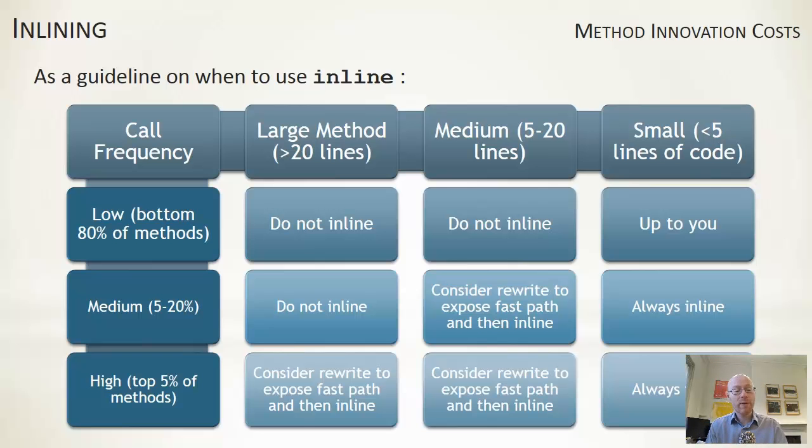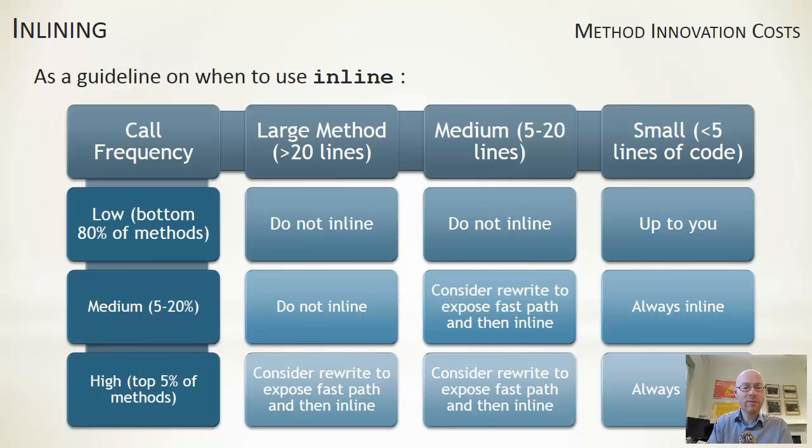For the methods you call frequently, top 5%, if you have a large method and you're calling that very frequently, it depends, but you probably would want to look at that method and say, is there any opportunity to restructure things here? So again, this gets into the notion of the common path through it. What happens most of the times that you call it? Are there any exceptional things that only happen every once in a while within that?